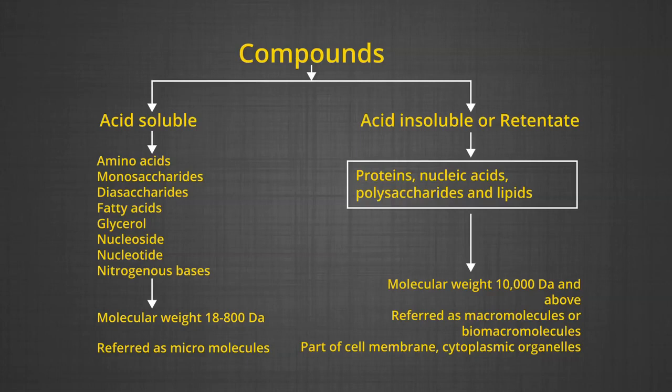The acid soluble pool has molecular weight 18 to 800 daltons, but the acid insoluble pool has molecular weight above or around 10,000 daltons. The acid soluble pool components are referred to as micromolecules, but the acid insoluble ones are known as macromolecules or biomacromolecules, and they are part of the cell membrane, cytoplasmic organelles, etc.